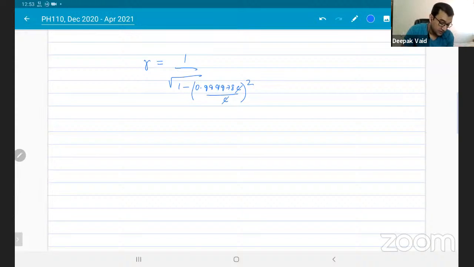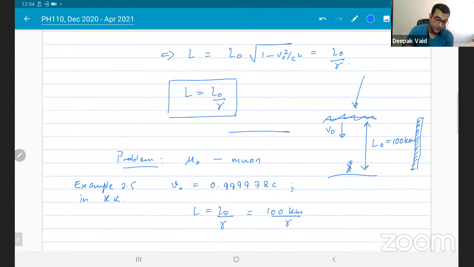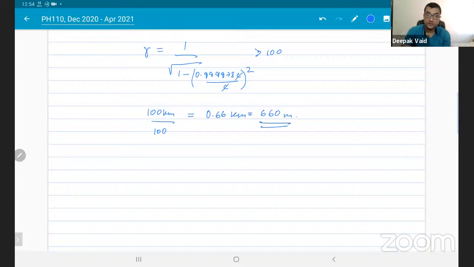This is a really large number. When you divide 100 kilometers by this gamma, you get an answer which looks like 0.66 kilometers, which is equal to 660 meters. So the length of this rod, as seen by the muon, is actually 660 meters.